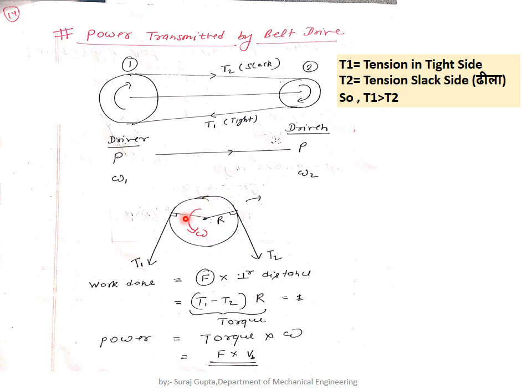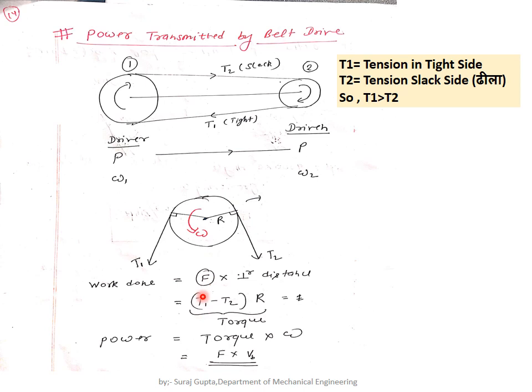So what is the total torque? This is the anti-clockwise direction torque minus the clockwise direction torque. What is the anti-clockwise direction torque? T1 R, force multiplied by perpendicular distance, minus T2 into R. The work done by this torque will be the same. The work done equals force multiplied by the perpendicular distance.